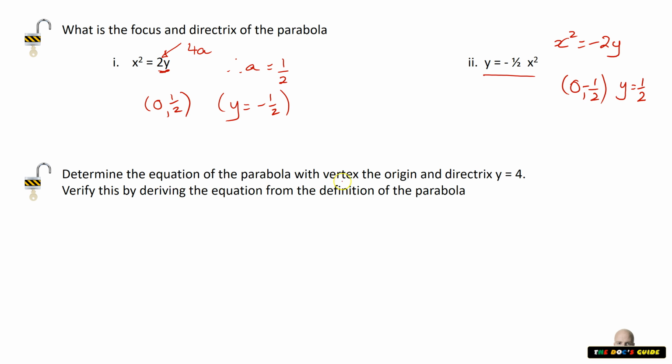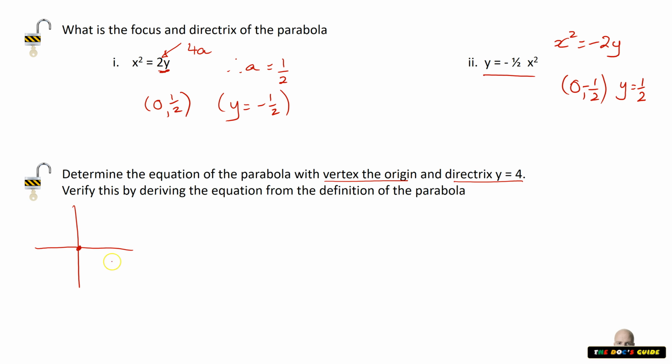Our next one, determine the equation of the parabola with vertex the origin. So that tells us that it's of the form x squared equals 4ay essentially, or minus 4ay, and the directrix is y equals 4. So again, we start just drawing a picture to clarify our thoughts here.